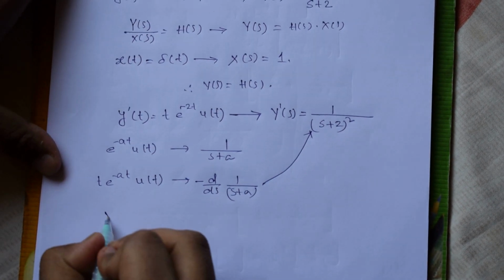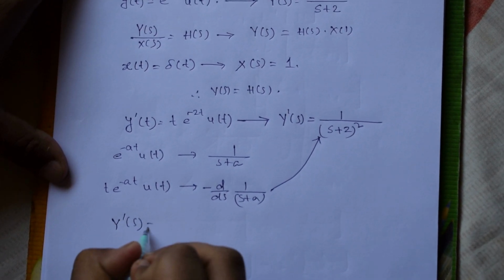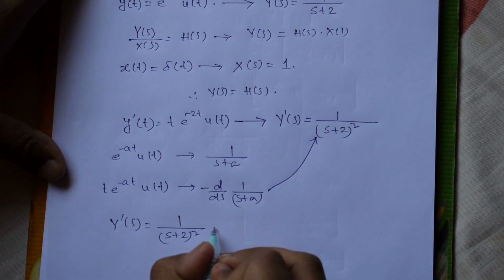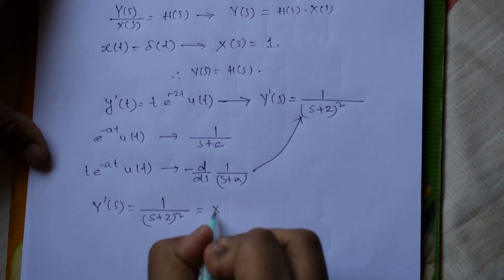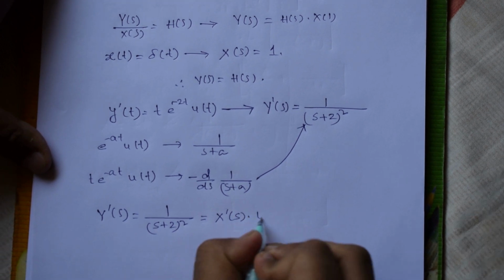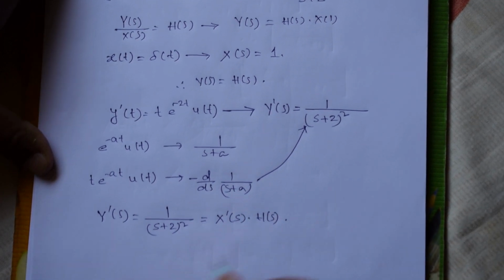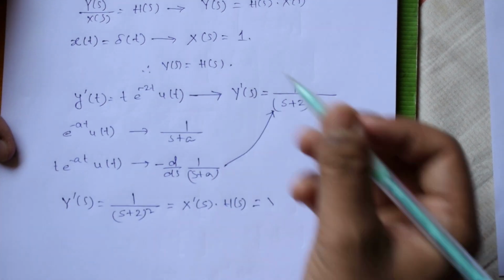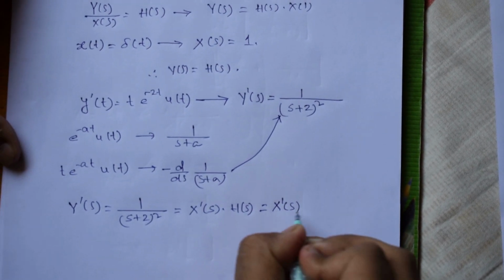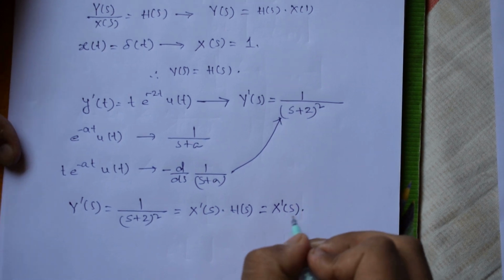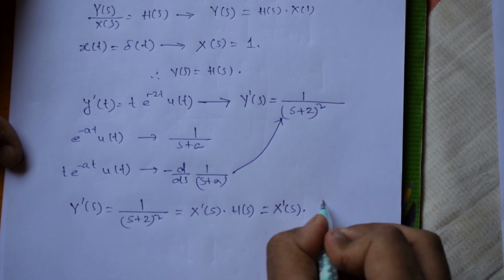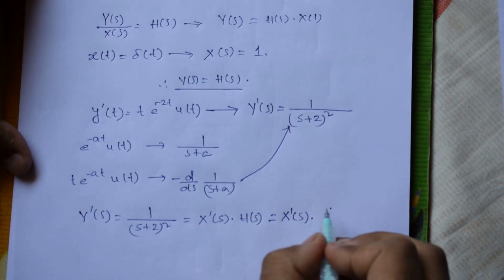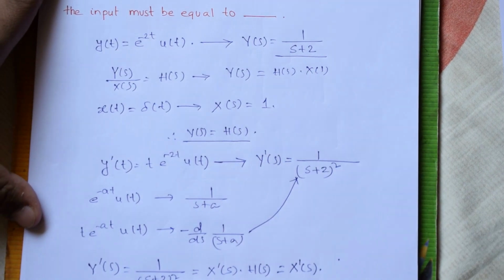Now we have Y dash of s equals 1 by (s plus 2) whole square. We know that Y dash s equals X dash s into H of s. We don't know our input. They asked to find out the input, so we will find X dash s, and we know our transfer function. What is the transfer function? Our transfer function is H of s equals 1 by s plus 2.